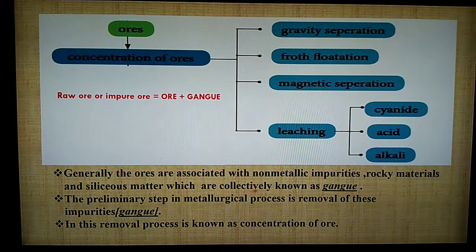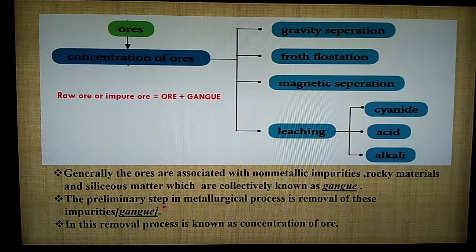All are collectively known as gangue. So in a metallurgy process, the preliminary step is purification or concentration of ore. This is the preliminary step of a metallurgical process. So the removal of impurity, the removal of gangue from an ore, is known as concentration of ores.